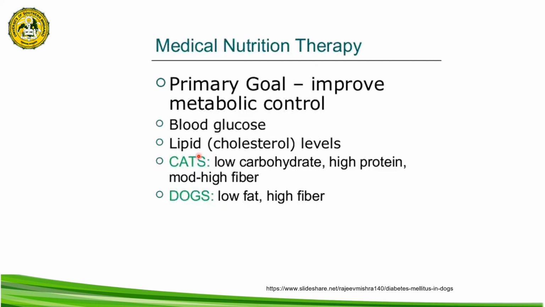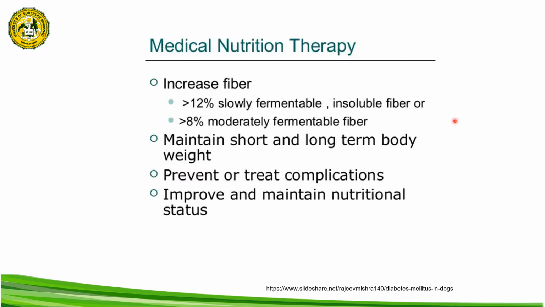These are the recommended diets for cats and dogs. For cats, low carbohydrate, high protein, and moderate to high fiber. And for dogs, we have a low fat and high fiber diet. Increase in the fiber is also recommended, so more than 12% as slowly fermentable insoluble fiber or more than 8% moderately fermentable fiber.